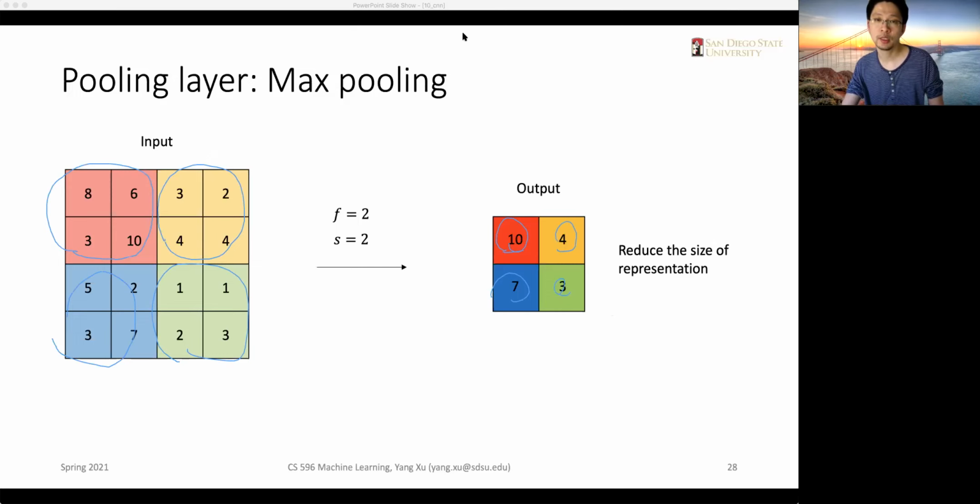In other words, it's selecting the most salient value or feature of the region covered. So it's a very effective way of picking out the most informative features in an input representation.